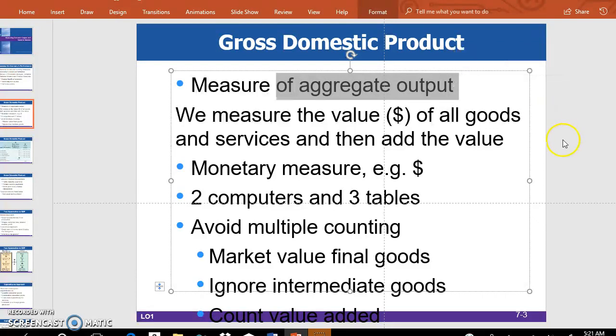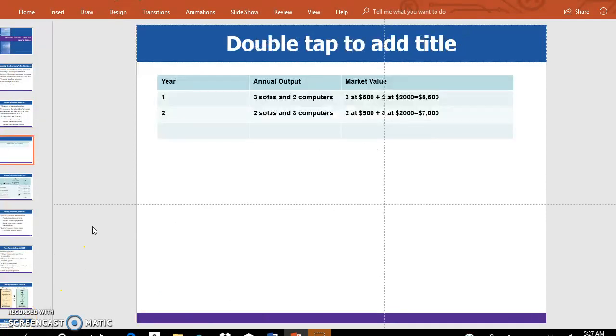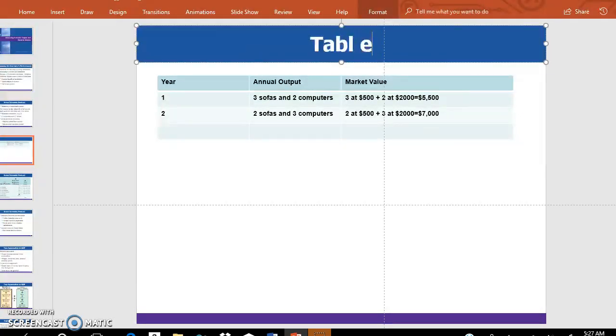When we want to do this, here is one example from your textbook, table 7.1, comparing heterogeneous output by using money prices.